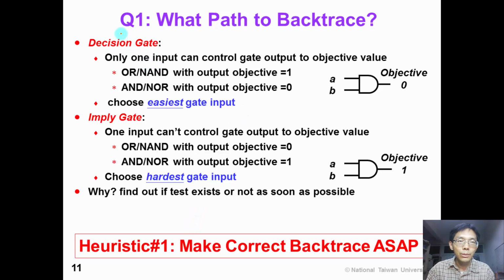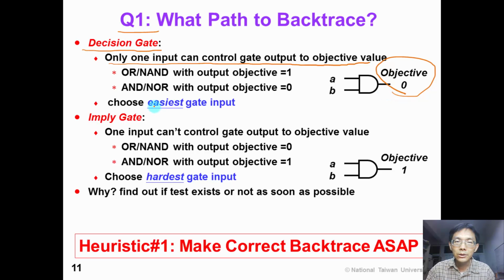So for question number 1, what path do we backtrace? In PODEM, they have proposed a simple heuristic to make this decision. For a decision gate, that means only one input can control the gate output to the objective value. For example, suppose that the objective value is a 0 at the AND gate output.